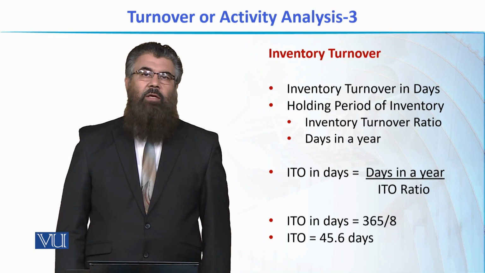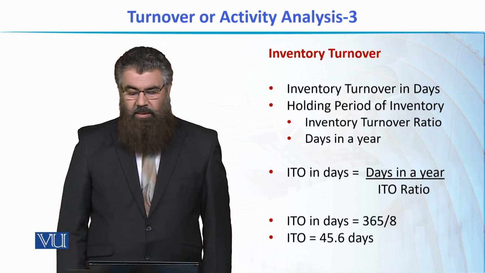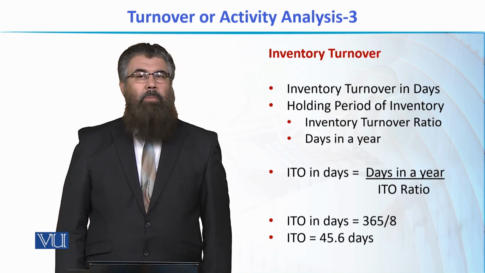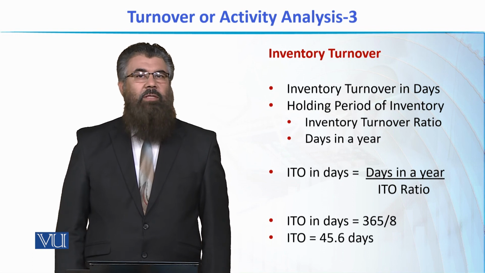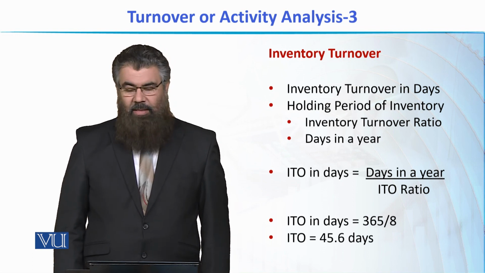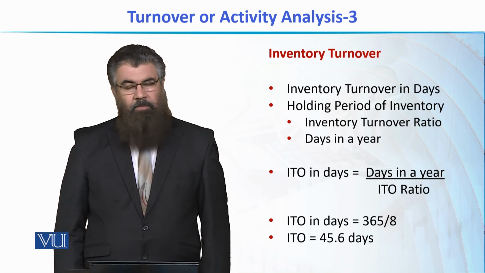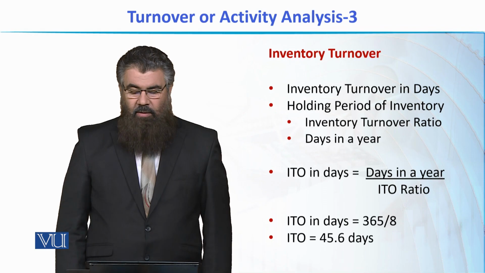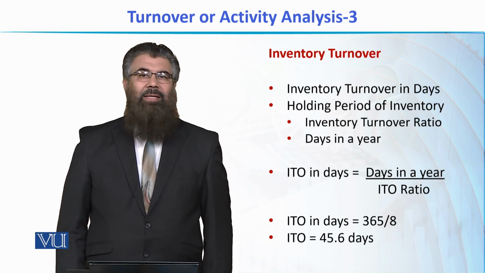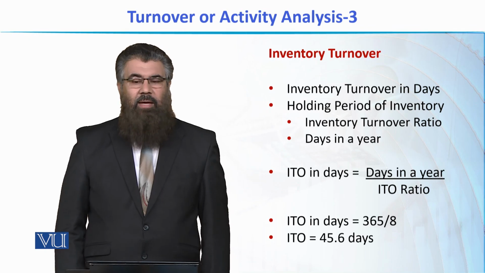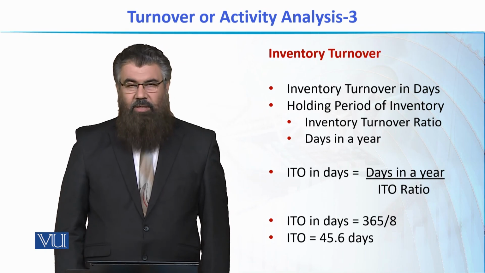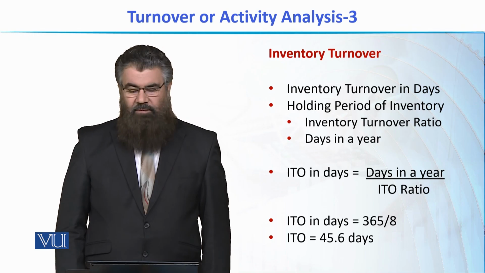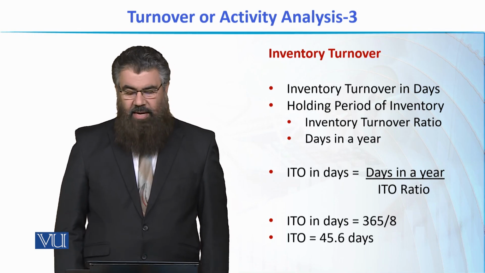Generally, it is 1 year. So what we do is we divide the number of days in 1 year, which is 365, by the inventory turnover ratio, which in this case is 8, and the answer is 45.6 days.